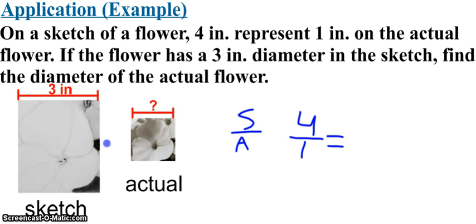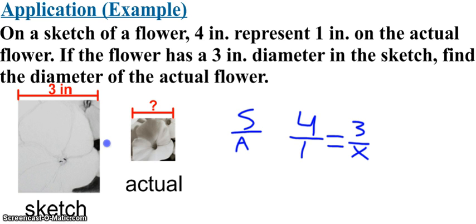Now on the right-hand side, it states that the flower has a 3-inch diameter in the sketch, so that 3 is going to go on top of the fraction on the right-hand side. Find the diameter of the actual flower. Well, we don't know what that's going to be, so we're going to put an x there.